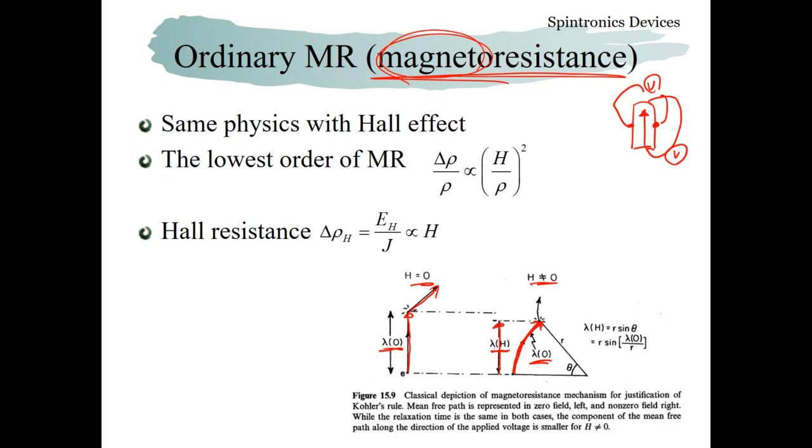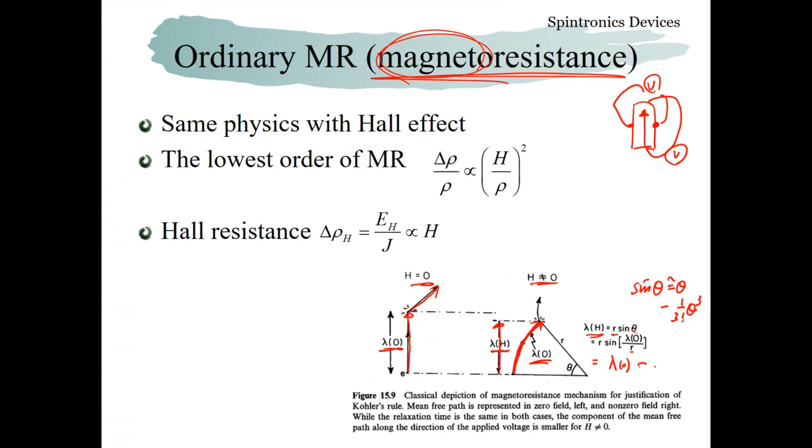And this lambda h can be obtained by this simple rule. Here r is this distance, and theta is here. Theta is defined by lambda 0 over r, and in first order, lambda 0 because of sine theta in theta minus such a form.